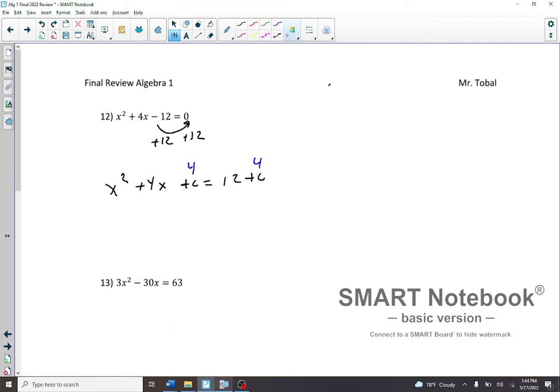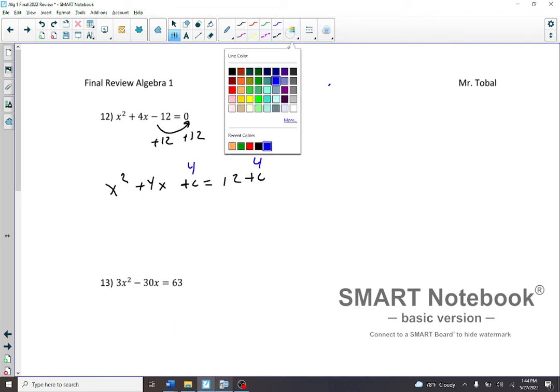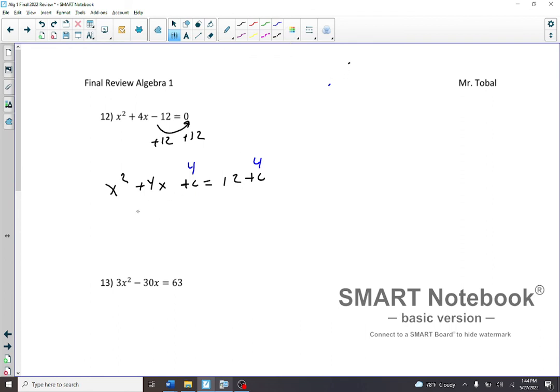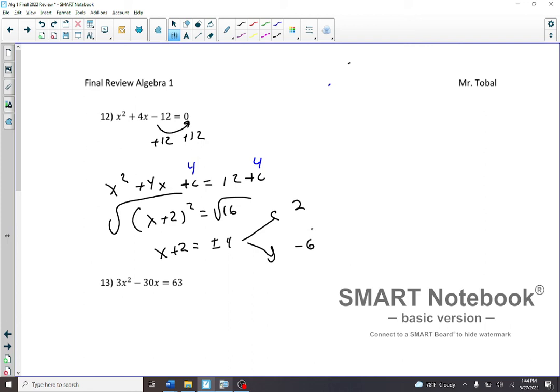So add 4 to both sides. Again, I'm not going to show you each time because I've done it enough, and you can always go back in the video to check it out. So this is going to be x plus 2 squared equals 16. Square root both sides. X plus 2 equals plus or minus 4. My two final answers are going to be 2 and negative 6.